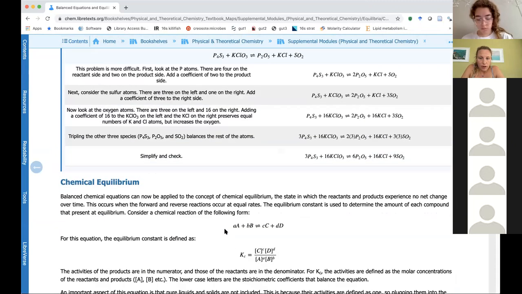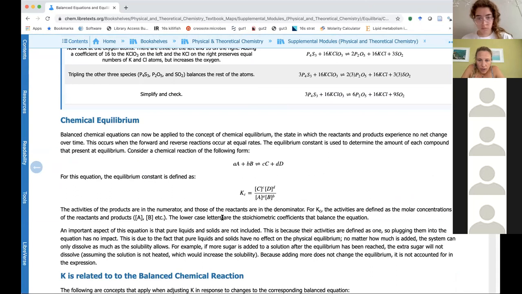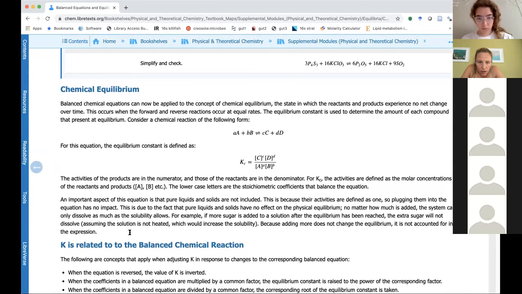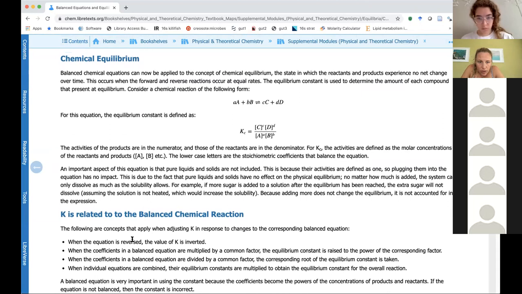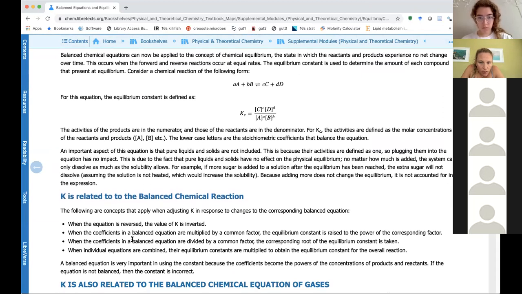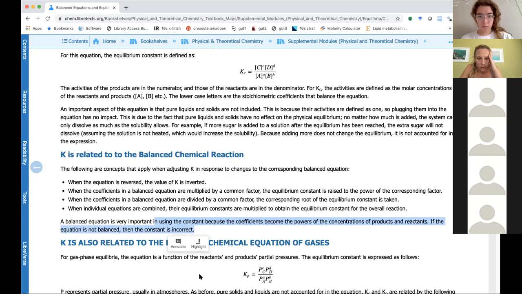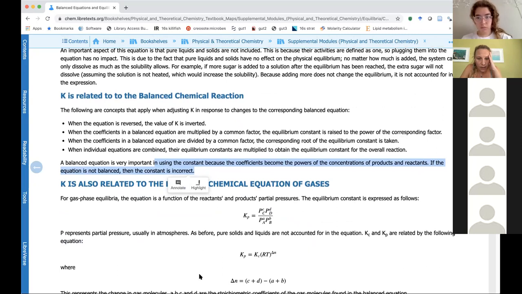So these are not using any fractions. It just says it to make sure it's balanced as well.